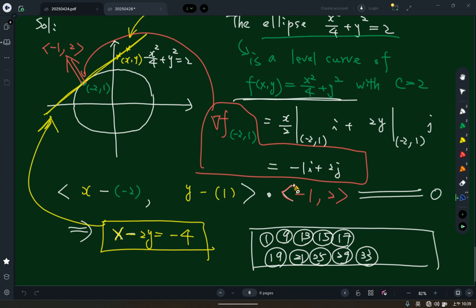That means when we take the inner product of these two vectors, we get 0. So we can get that the line is this one. I just give some computation, but I think you can do it by yourself. But the concept here is very important.